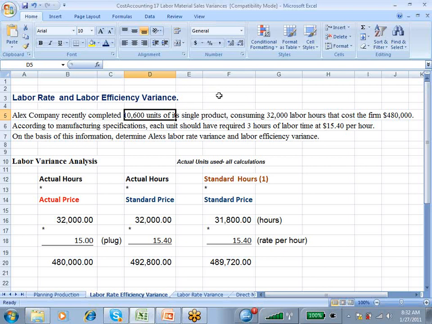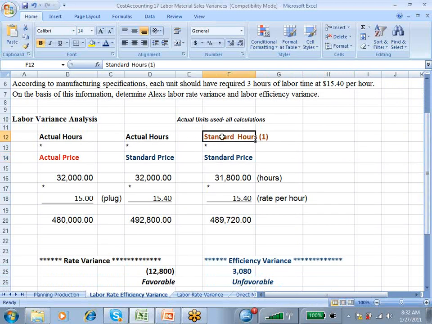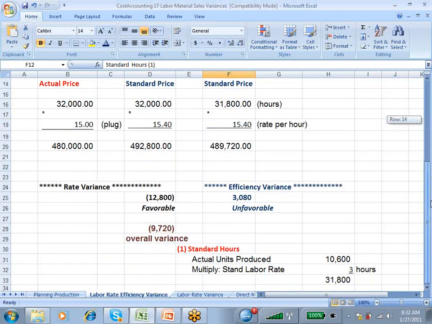So consider 10,600 times 3 hours, and now we're getting at what we planned in terms of labor time. This is the rate that we planned. So we can plug in that rate per hour, $15.40, as a standard price, but we need to do a little more work to figure out standard hours, which is why I footnoted it.